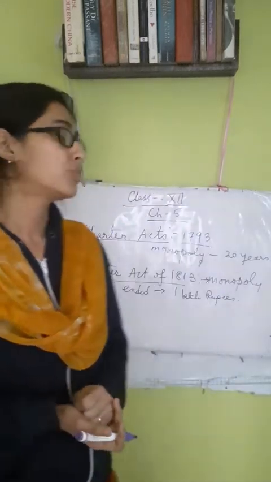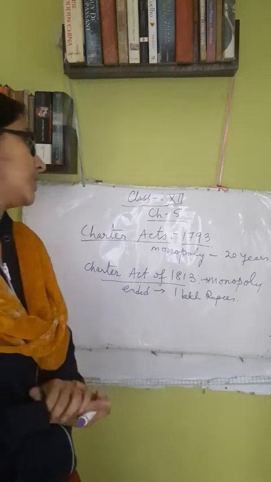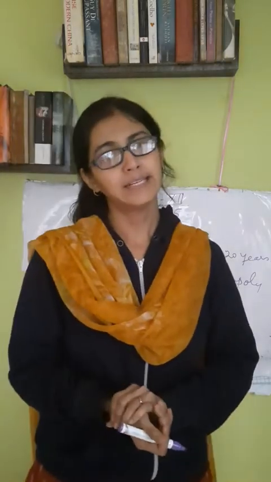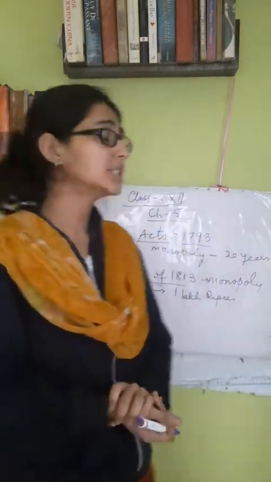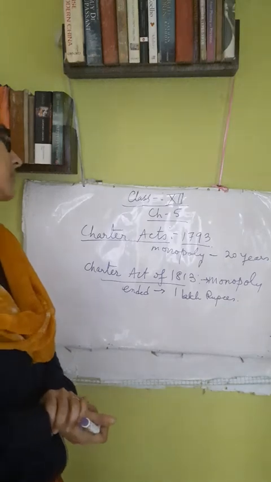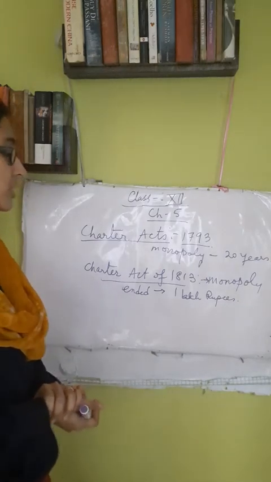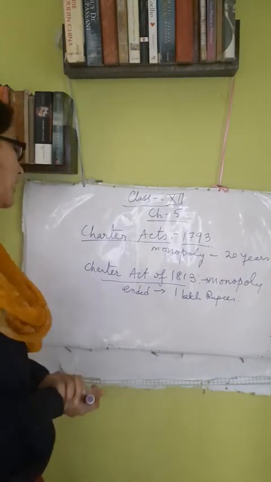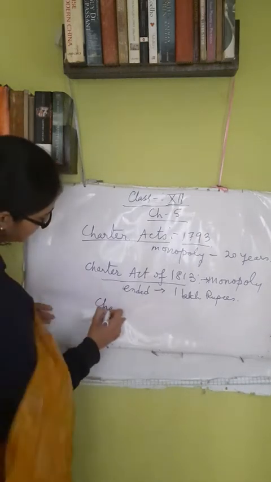So these are the major changes that were introduced by the Charter Act of 1813. Then after the Charter Act of 1813, the next Charter Act was passed in 1833.